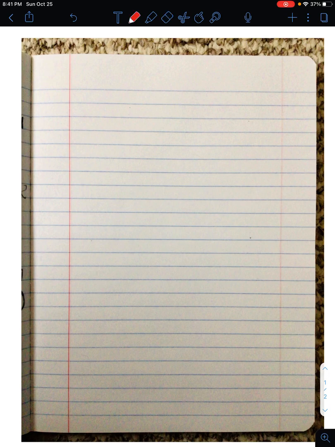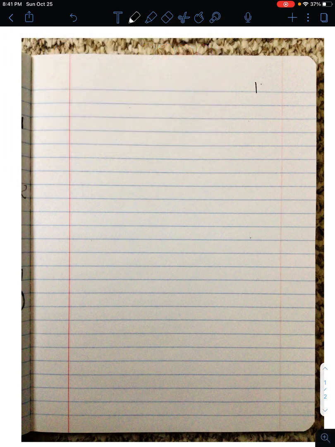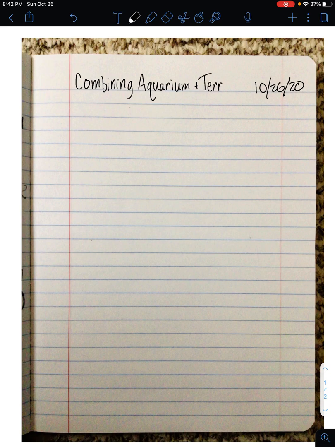Today is 10/26/2020, and we will title this entry Combining Aquarium and Terrarium.